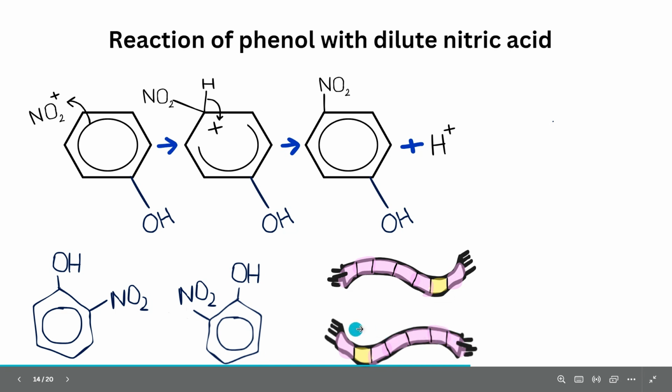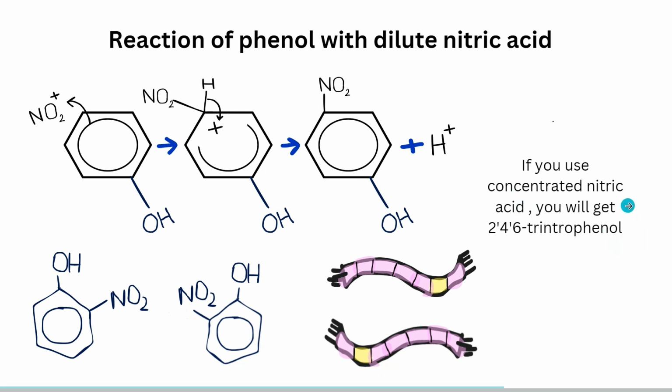You'd be confused, right? Because they're the same thing. So that is why 2-nitrophenol and 6-nitrophenol are also the same thing. Now again, if you use concentrated nitric acid, basically harsher conditions, you will get 2,4,6-trinitrophenol.